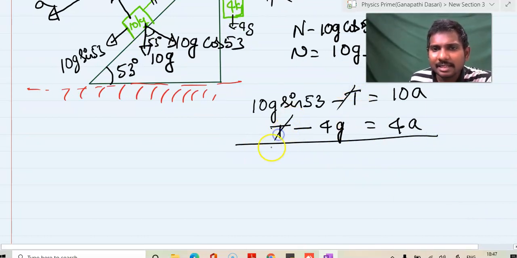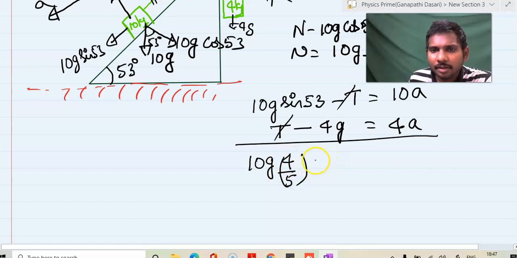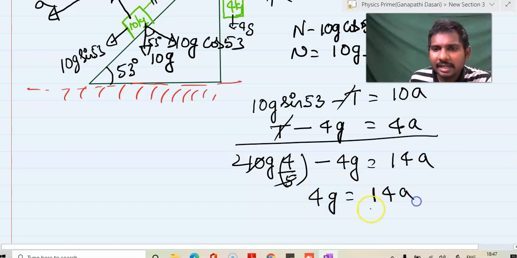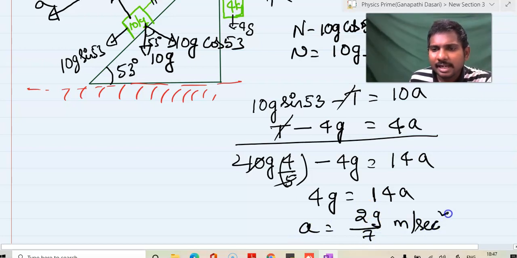T will be cancelled. 10g sin 53, sin 53 is how much? 4 by 5. So 8g minus 4g, that is 4g, is equal to 14a. That implies a is equal to 2g by 7 meter per second square.